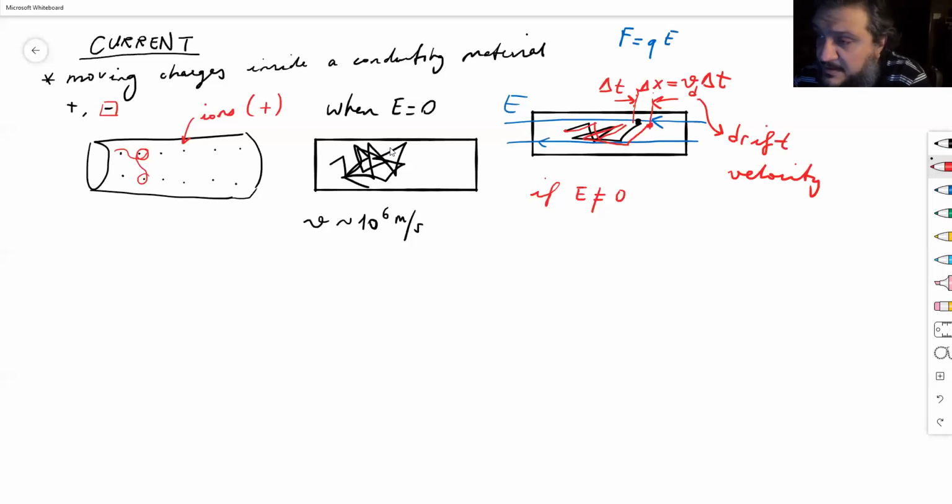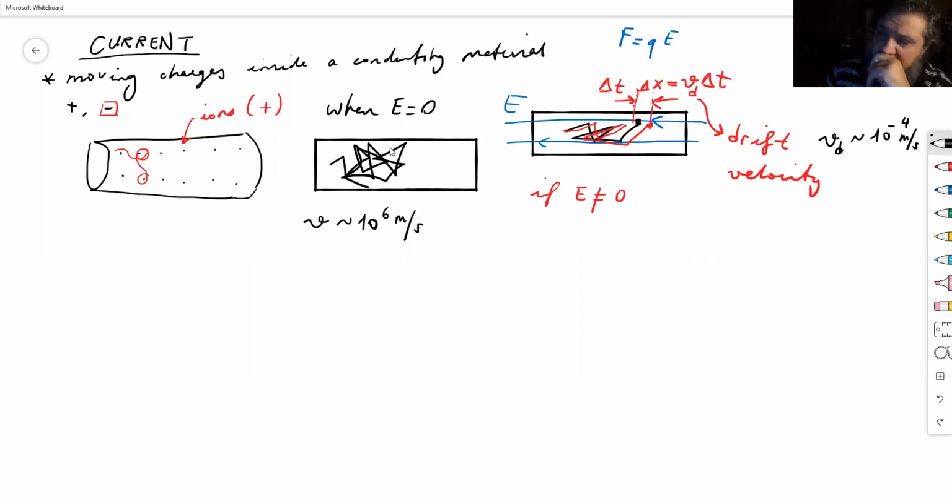So remember, the velocity of the electrons between the collisions was on the order of 10 to the 6, very fast, okay? But this drift velocity is relatively small. I mean, orders of magnitude smaller. So V_D would be about 10 to the negative 4 meters per second. All right.